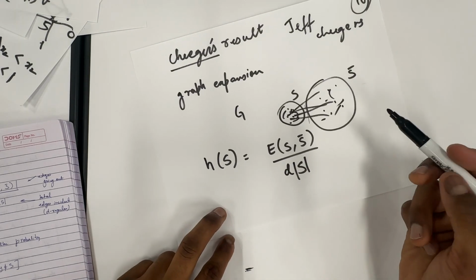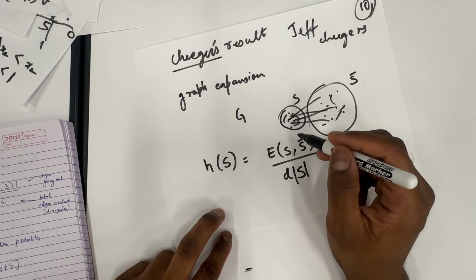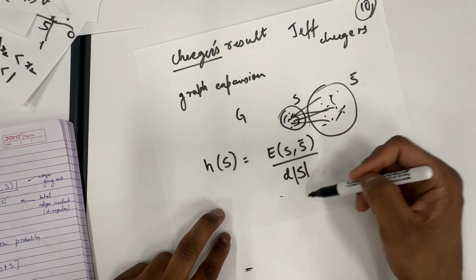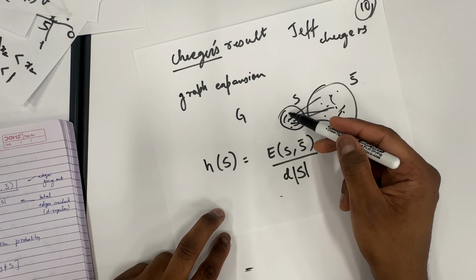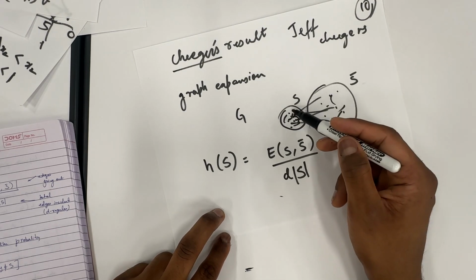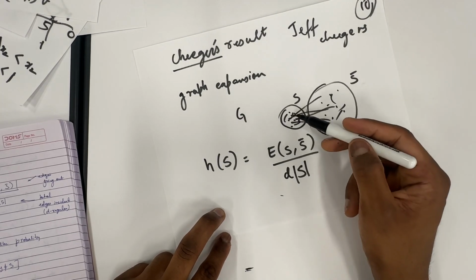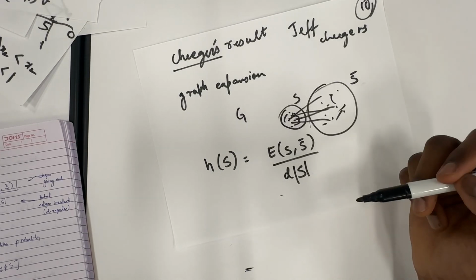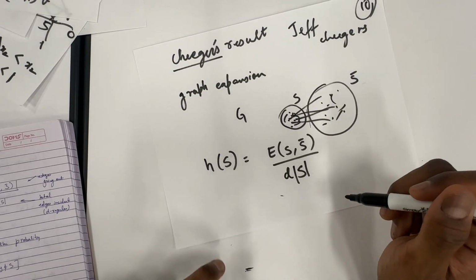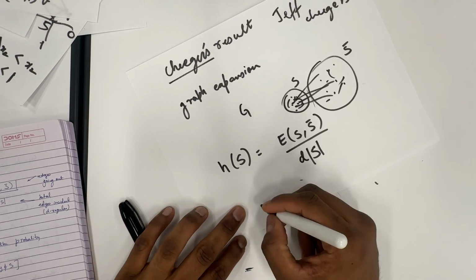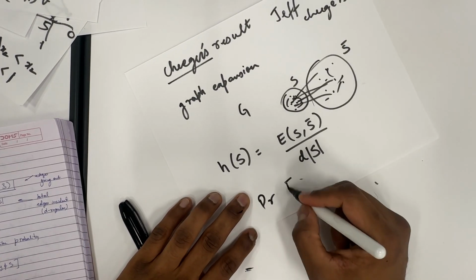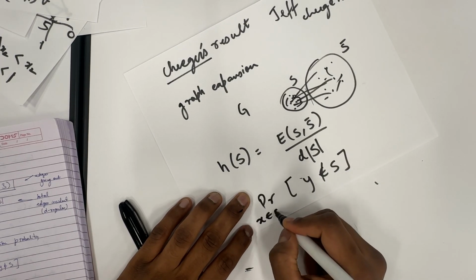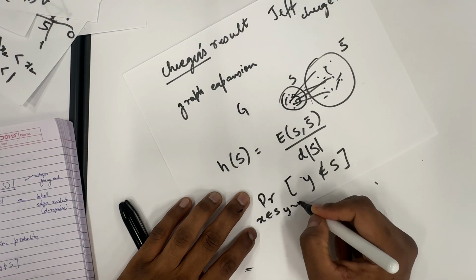You can think of it also like a probability. For example, if you are in S and you are at any vertex, what is the probability that your neighbor is outside S, in S bar? That is the number of edges running across to S bar divided by the total number of edges on S. So, as I've written in my notes, it is the probability that Y is not in S, given that X belongs to S and Y is a neighbor.